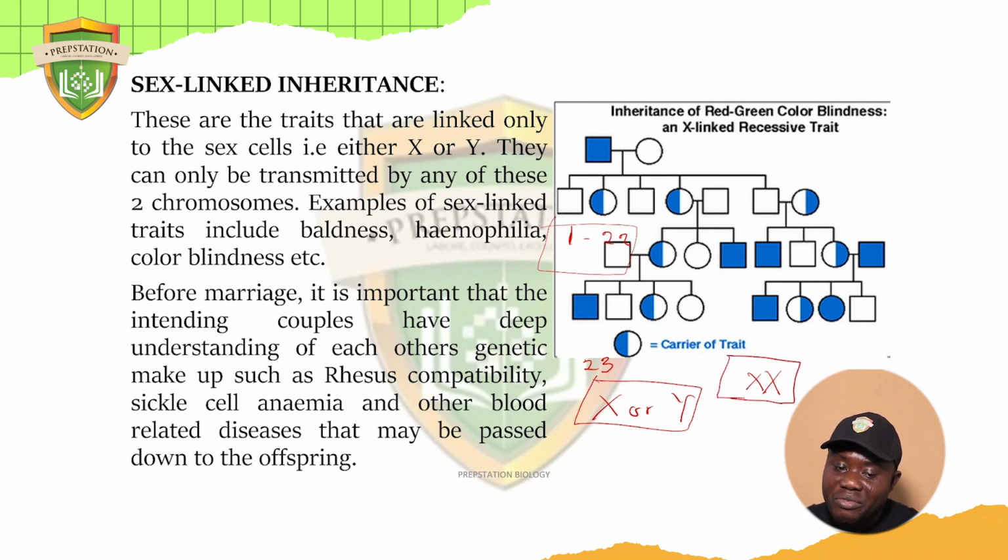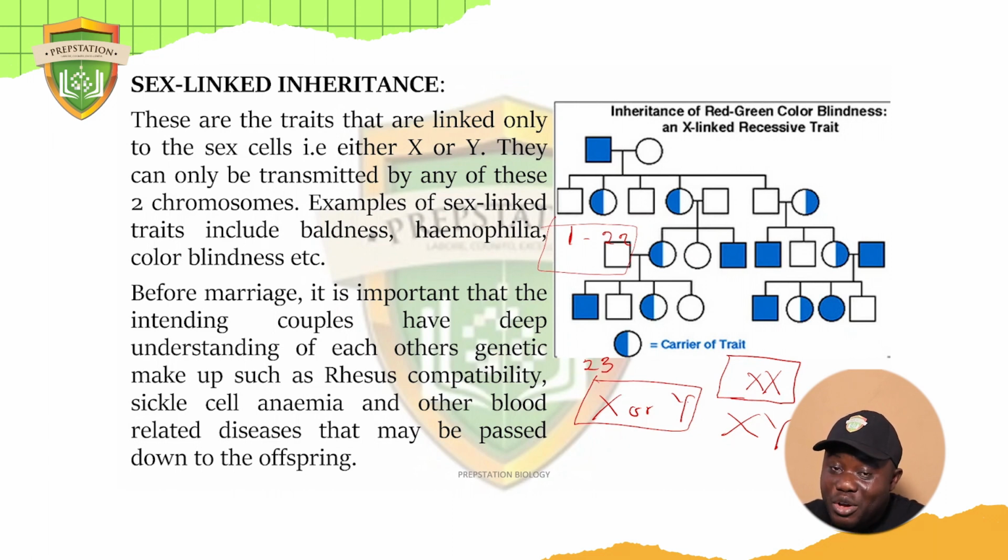Why is it not by the father? The Y chromosome is smaller compared to the X chromosome. The Y chromosome is weaker compared to the X chromosome. So when you have X and Y chromosome coming together, the X will always bully the Y. The X chromosome will always make the Y chromosome to be quiet because it is bigger and it is stronger than the Y chromosome, which explains why a woman that is pregnant naturally has tendencies to give birth to a girl, not a boy.